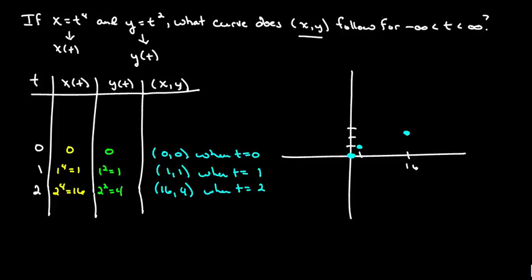Of course, we can do t equals 3. When t is 3, we've got 3 to the 4th, which is 81, and 3 squared, which is 9. Whoops, I said 4 squared earlier, but 3 squared is what I meant.